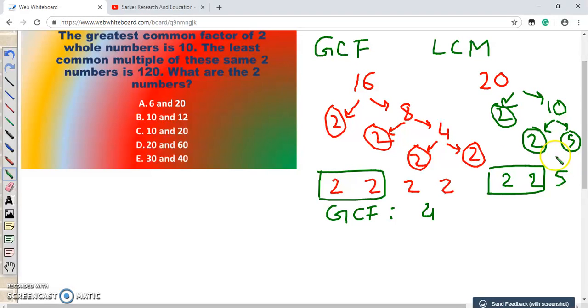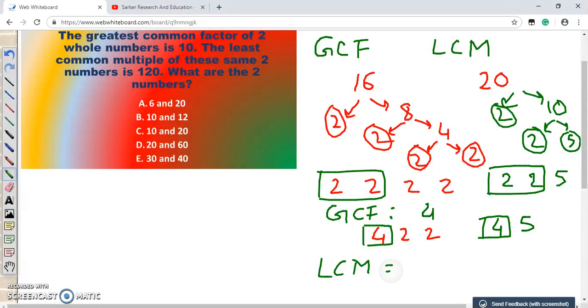Now for 16, the 4 is the GCF, and what are the numbers that are left? 2 and 2. And for 20, 4 is the GCF and what is left is 5. So this is the GCF, it is already taken. Now LCM is going to be GCF, which is 4, times whatever is left for each of them.